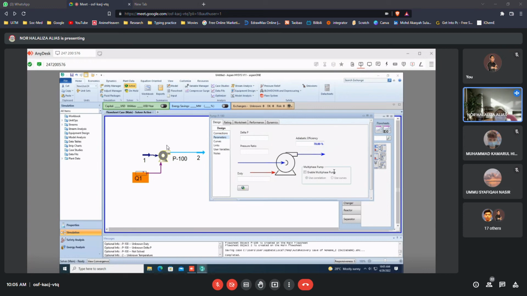Then apa yang berlaku dalam equipment, mana-mana equipment, dia adalah pressure drop, which is delta P. So since we don't know the delta P, tapi kita tahu P out. Is it right? Yes. So bila you tahu P in, you tahu P out, automatically you akan tahu what is the delta P here. So delta P ni kita tinggalkan dulu sebab kita tak tahu.